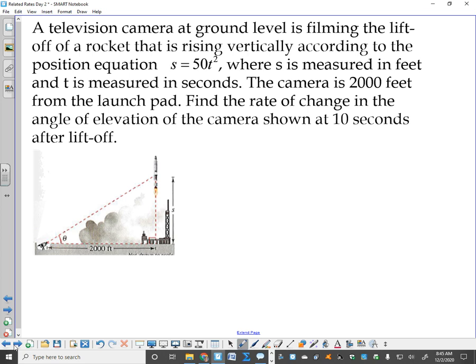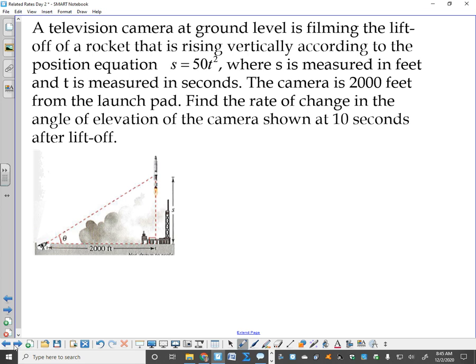It says the television camera at ground level is filming the liftoff of a rocket that's rising vertically according to the position equation s equals 50t squared, where s is measured in feet and t is measured in seconds. The camera is 2,000 feet from the launch pad.